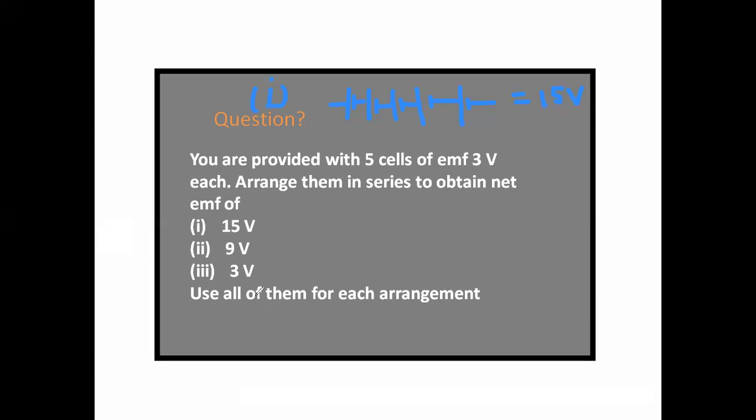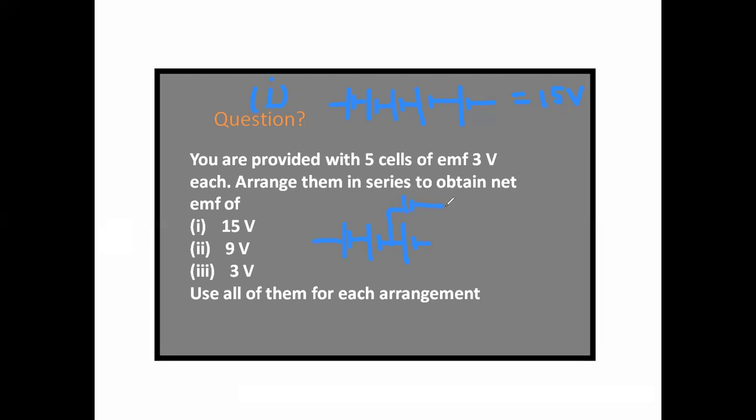In the second part, 9 volt, and all 5 are to be used. So what will we do for the second part? 1, 2, 3, we have got 9. Now what do we do with the other 2? We can connect the other 2 in parallel to the third.